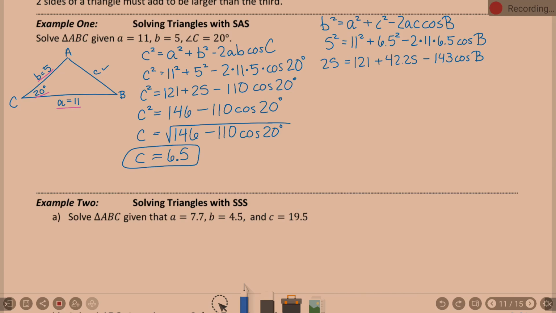Like terms. So I'm going to have 25 equals 163.25 minus 143 cosine B. Are we up to that point? What's next?